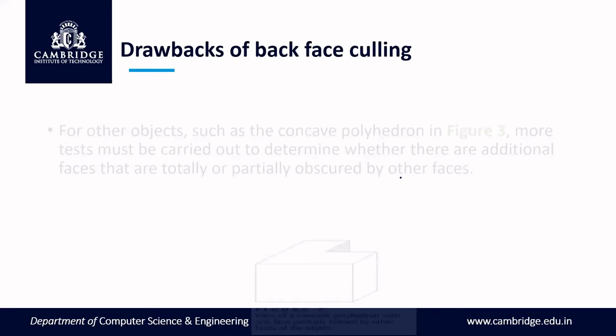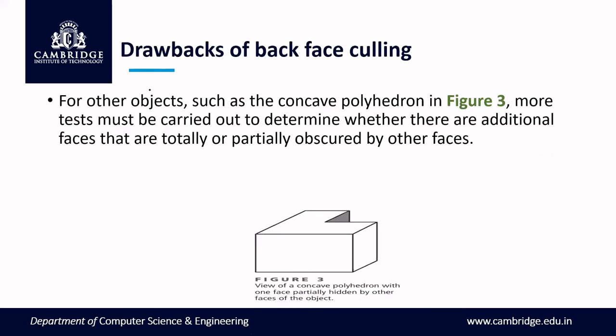Now, we are still with respect to the object space method. When it is an object space method, obviously there is one drawback, which we call the drawback of the backface culling method. What is that actually? See this object here.